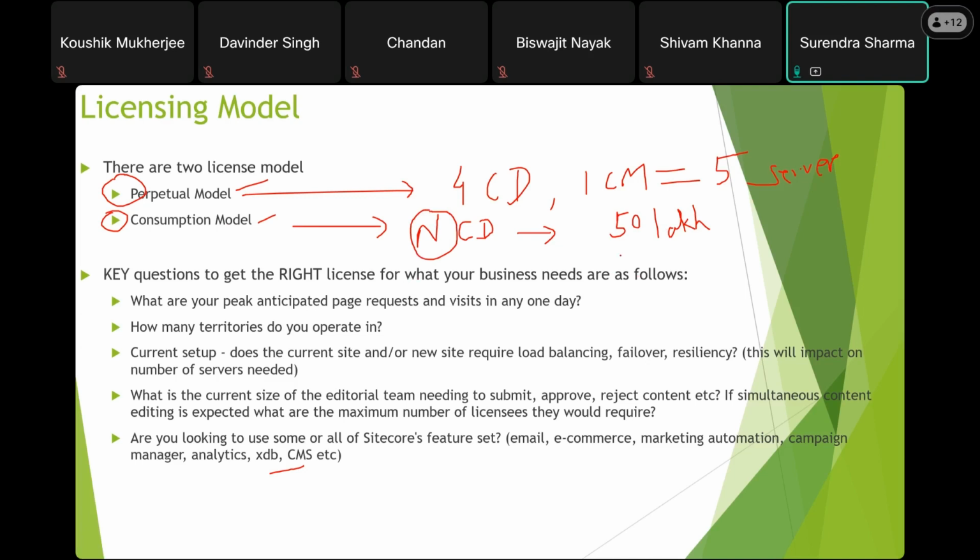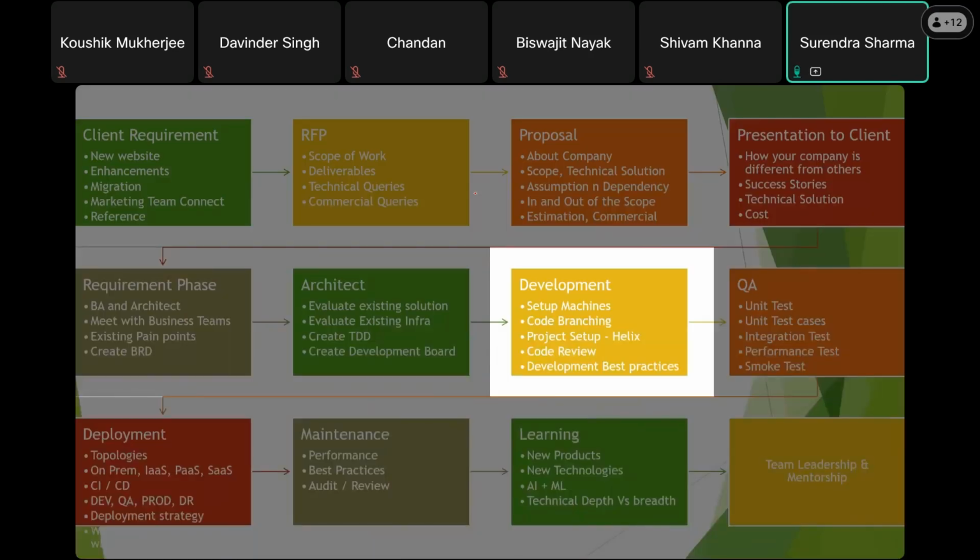So consumption means the traffic, and perpetual means how many servers, production and non-production, you are going to run Sitecore on. Based on this, the licensing cost is going to be identified. Then on the development side, once the architect has created and collected all these requirements, he will create the technical design document.